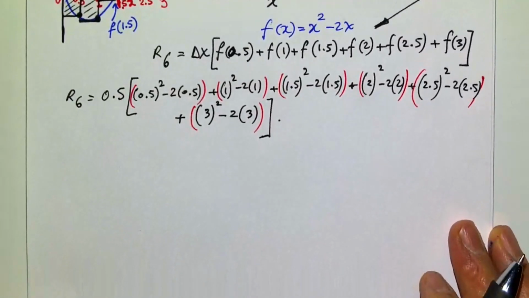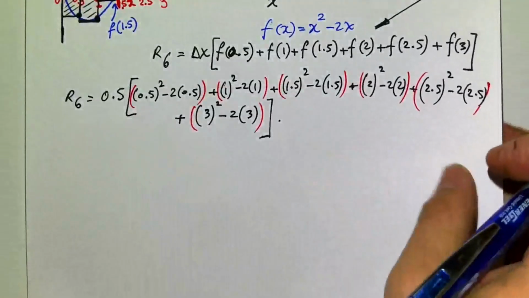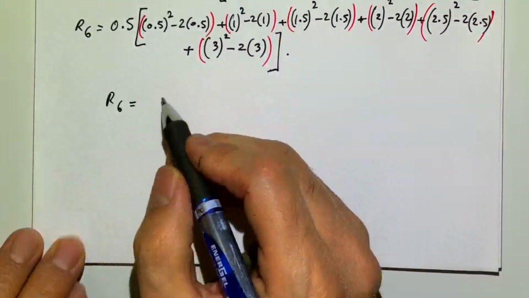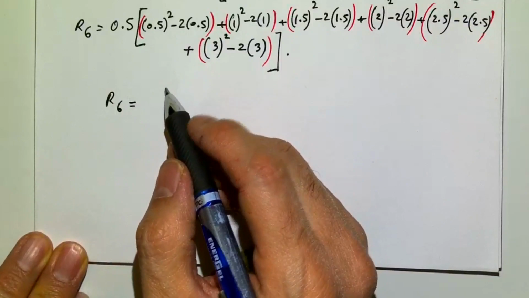Okay. All right. So if we, and please double check these numbers, if we calculate those, we get these.